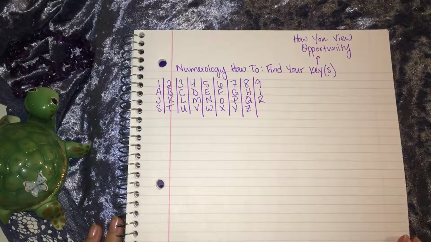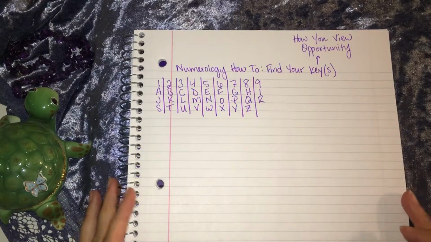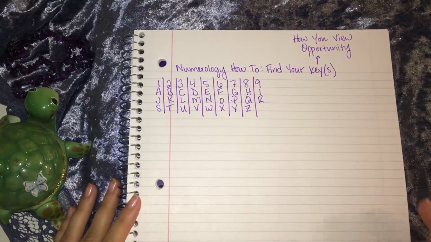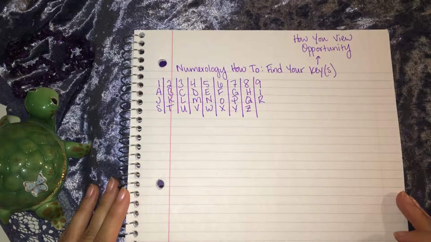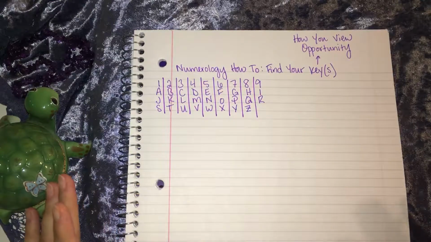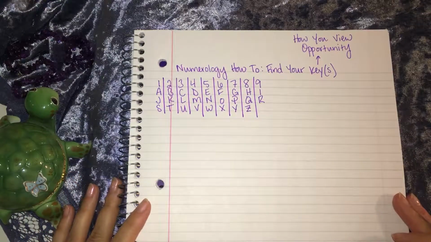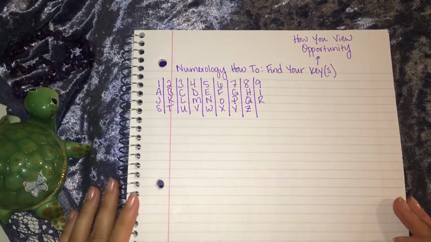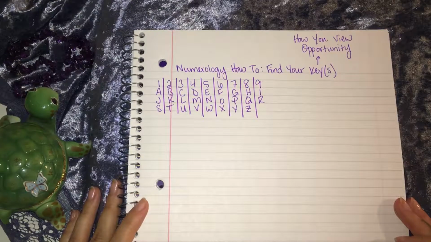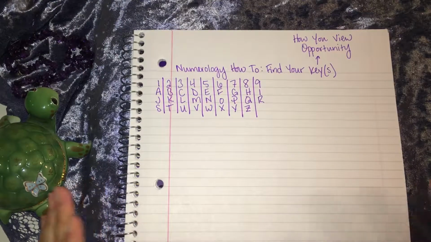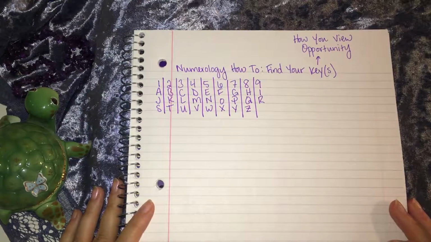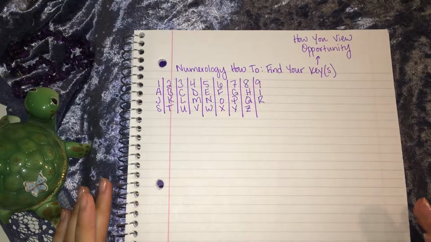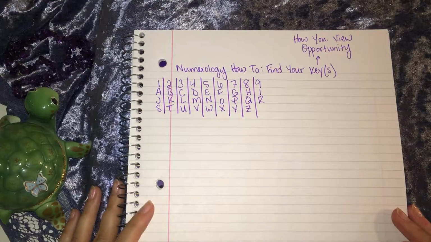When I started this channel, I was thinking that I would offer personal readings, but after I thought about that more, I feel like that would be far too draining energetically for me to always be doing that. So I thought it would be a better use of my time and hopefully yours to just teach you how to do it if you want to eventually be able to give yourself your own numerology reading or for people that you know.